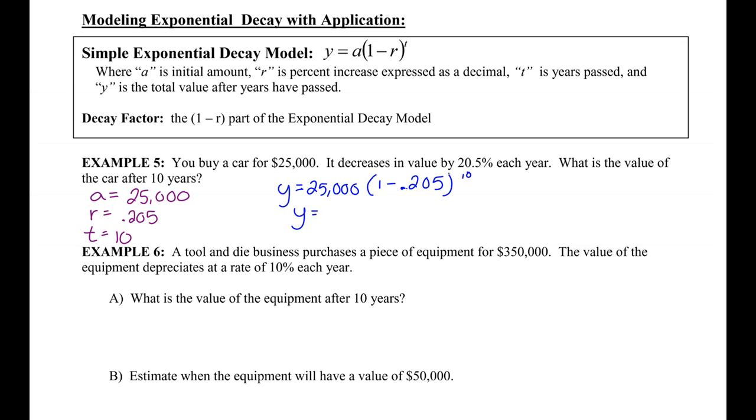You can plug this whole thing into your calculator, or you might choose to simplify inside the parentheses first to get 0.795. When you type the whole thing in your calculator, you should get a final amount of $2,521.22. Again, because we're talking about money, you're going to round to the nearest hundredth. See if you can do example 6 on your own. We will talk about it in class.